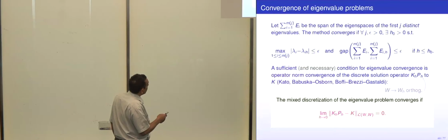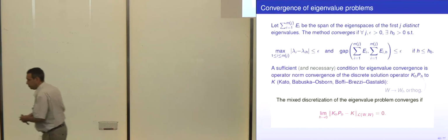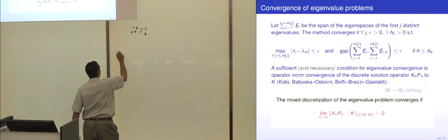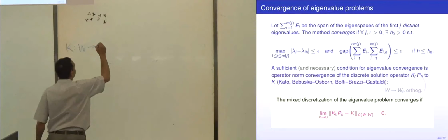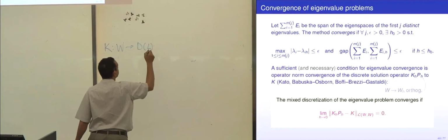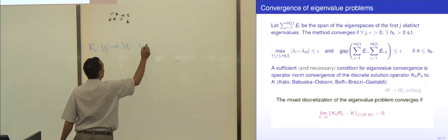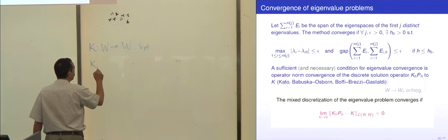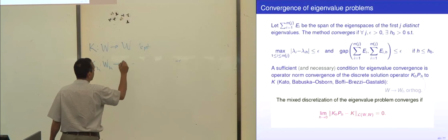So here it is. We have the solution operator K, which goes from W to the domain of L, which is contained in W. So let's just think of it as an operator from W to W, and it's compact. Then on the discrete level, we have a K_h. And this goes from W_h to W_h.